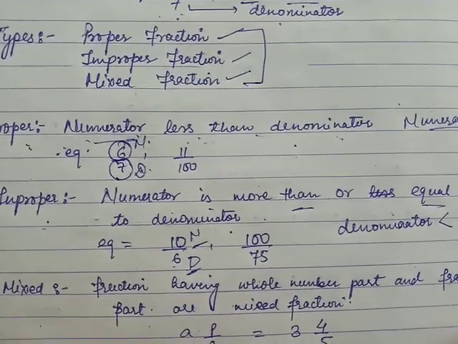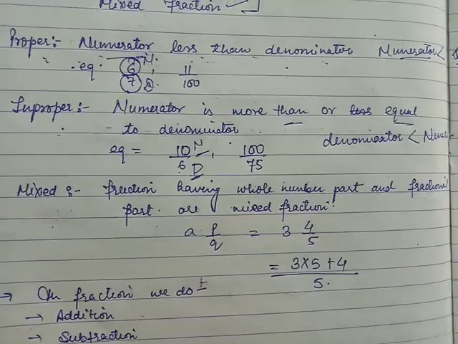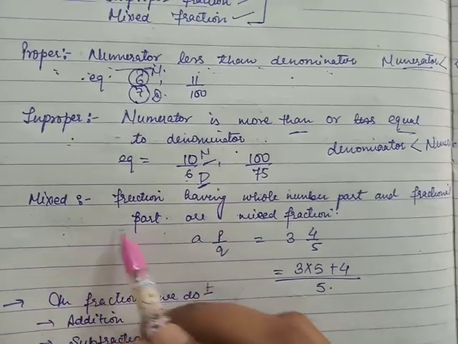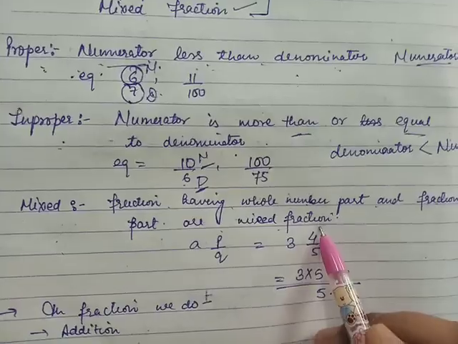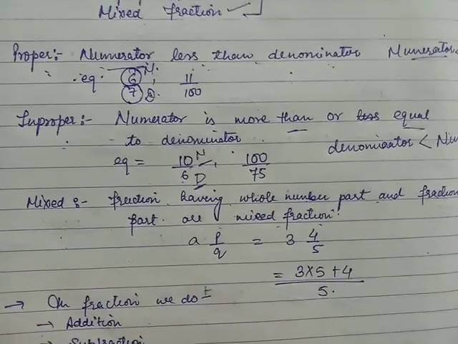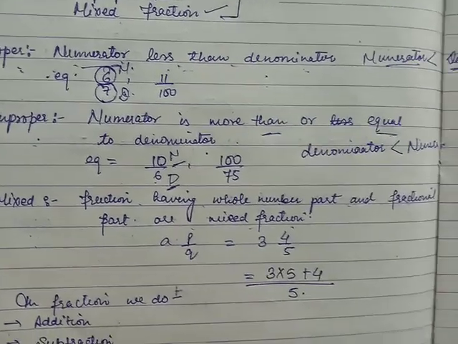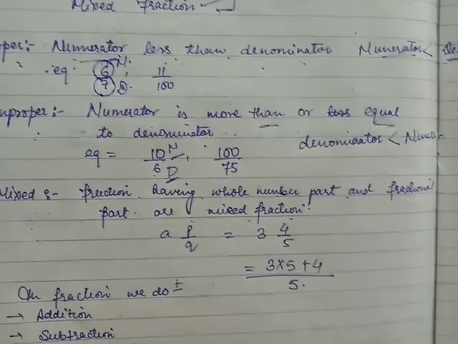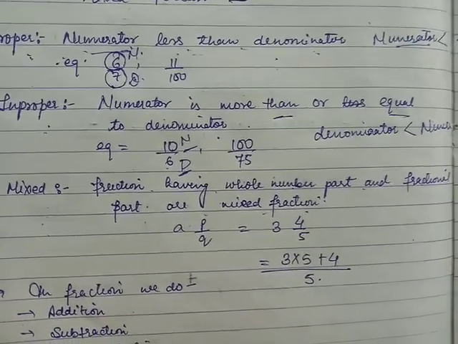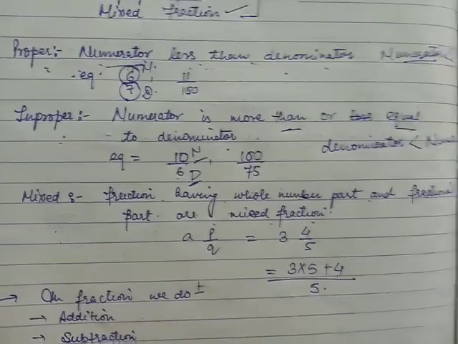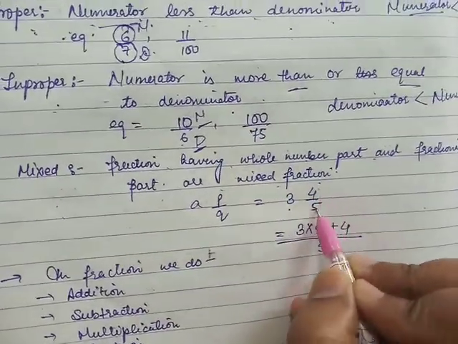Now the third type of fraction is mixed fraction. A fraction having a whole number part and a fractional part is a mixed fraction. Basically, a fraction which has a whole number along with some part in fraction form is a mixed fraction. We can easily understand this by example. Our example is 3 whole 4 by 5.